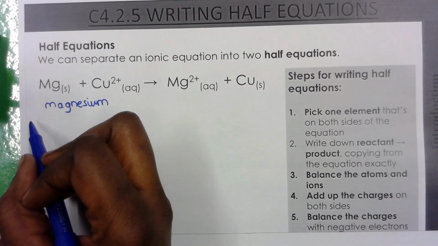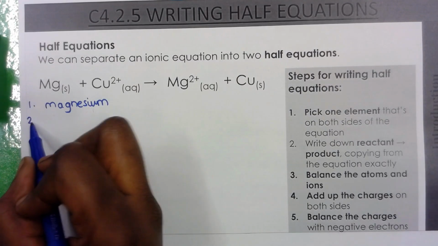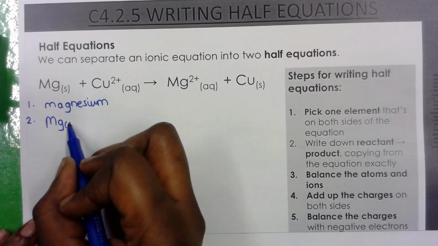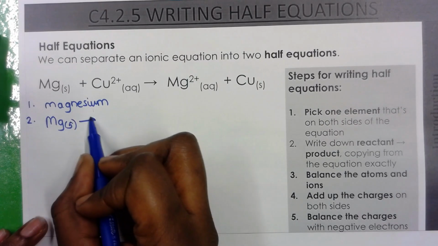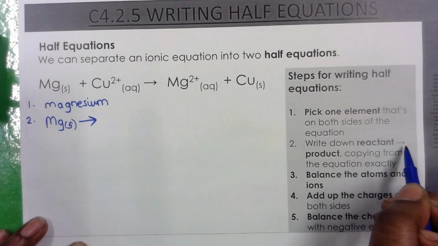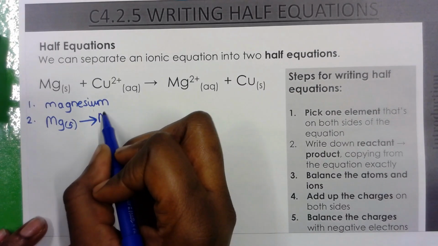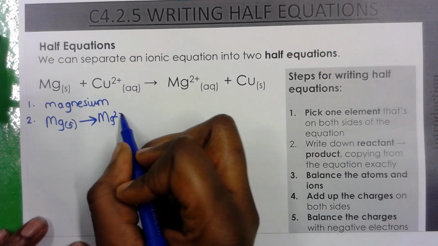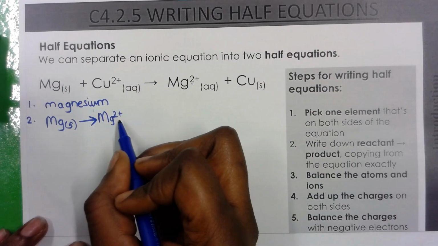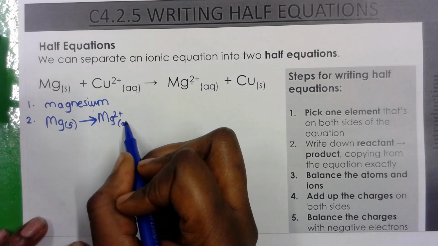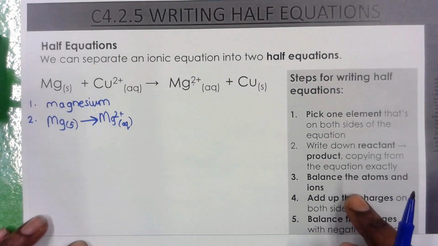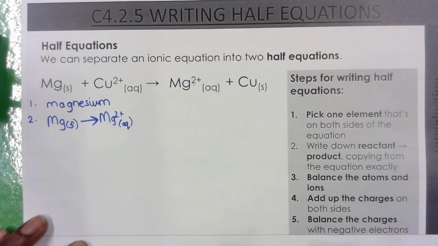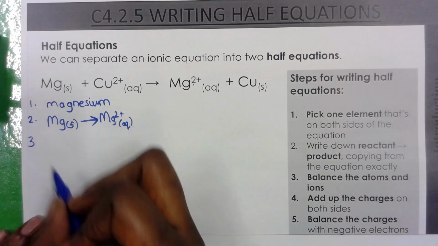So we've done step 1, let's go to step 2. Magnesium becoming magnesium, it's got the charge, and it is aqueous, because remember all I'm doing is following the steps. Step 3 then says balance the atoms and the ions. So we're going to balance the atoms and the ions.